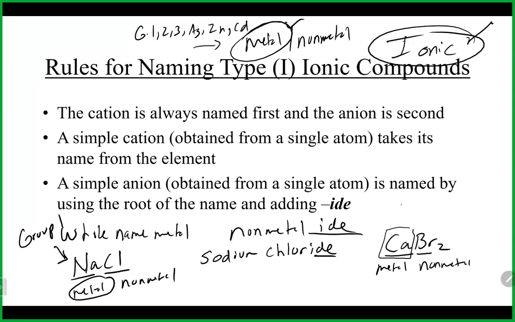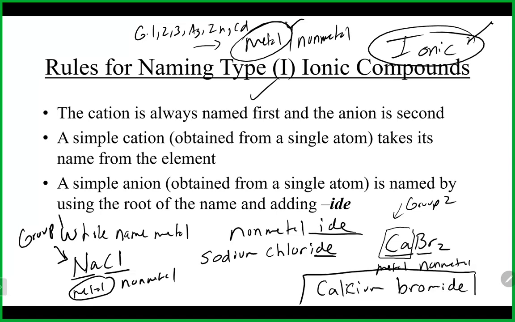We see our metal hanging out there in group 2. That then should tell you it is a type 1 compound, because it is group 2. It has a fixed charge. That is all you need at this point. And then you would call this by the whole name of the metal, calcium, if I spell it right there. And then bromine becomes bromide. So this would be calcium bromide.